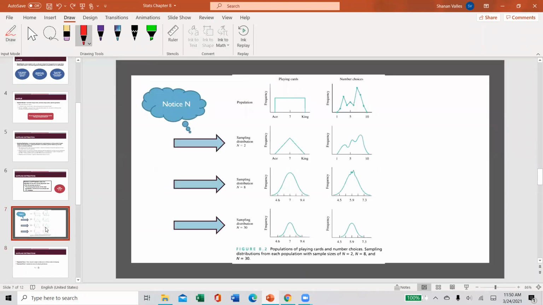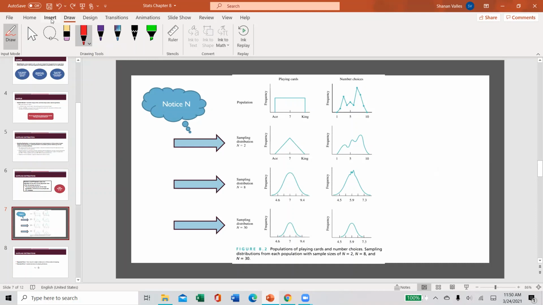And the reason why is another interesting part of the central limit theorem is that as n increases, variability decreases. Let's see.